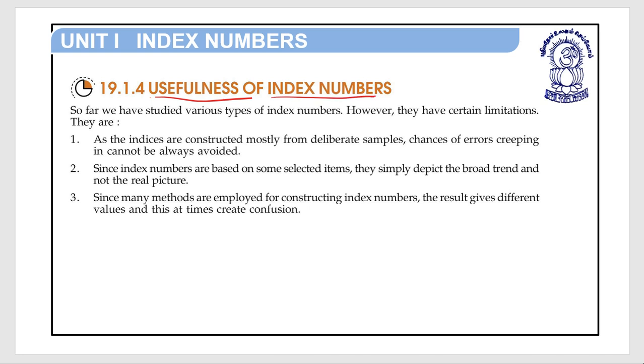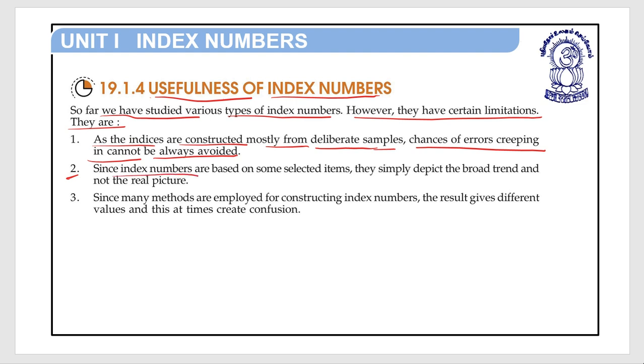Usefulness of index numbers. So far we have studied various types of index numbers. However, they have certain limitations. They are: first, the indices are constructed mostly from deliberated samples. Chances of errors creeping in cannot always be avoided.